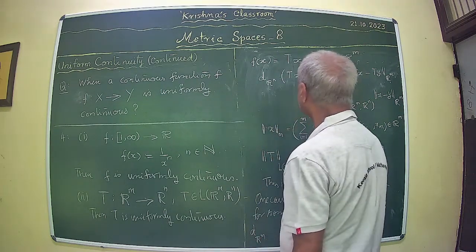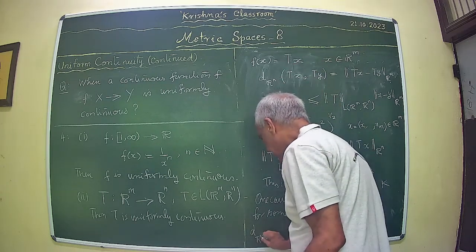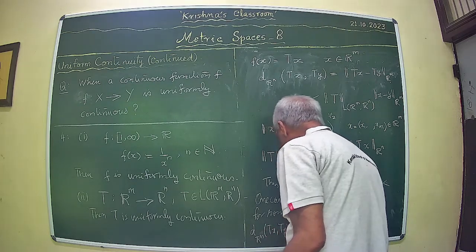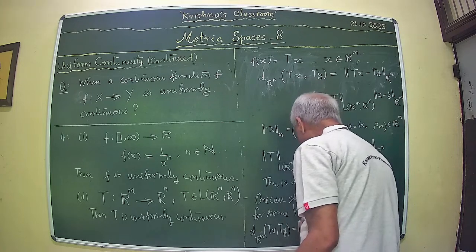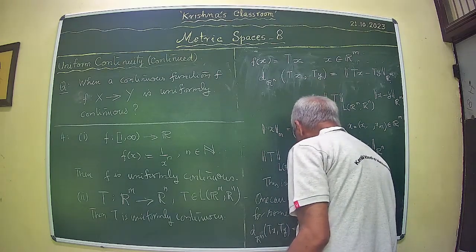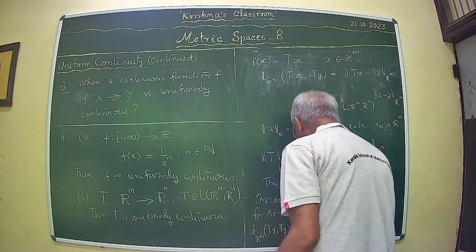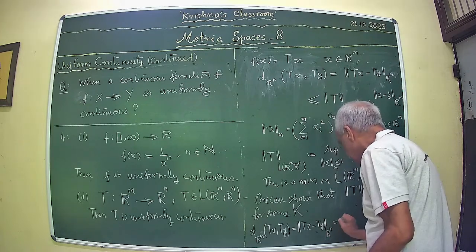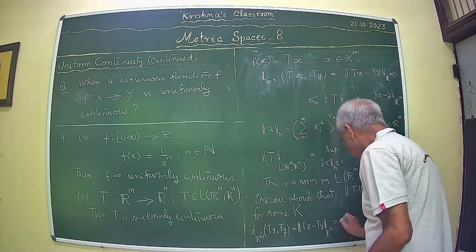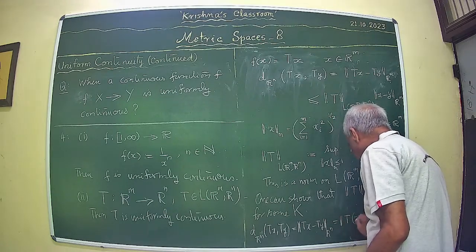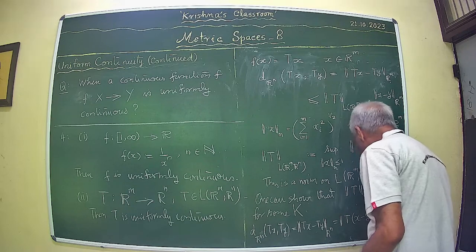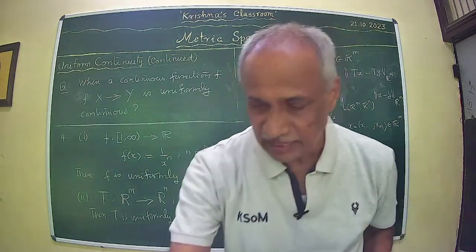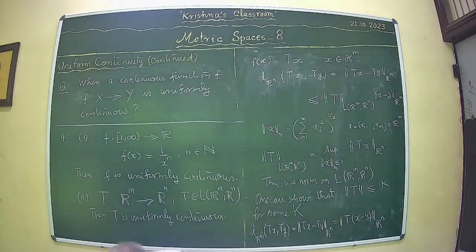d on Rn is equal to norm of T(x) minus T(y) on Rm, which is equal to norm of T of x minus y on Rm. And further, what you have is this.